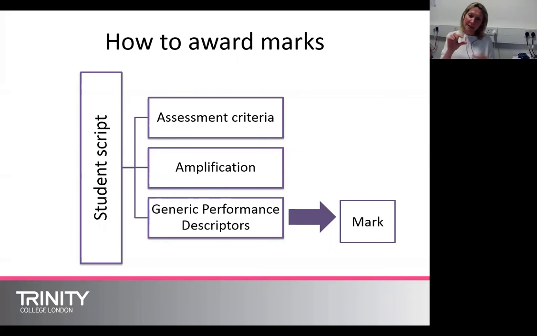And this is what will help you decide, is this a 3-mark performance or a 4-mark performance? So it helps you decide on the mark against that assessment criterion, against that amplification for the level. So these are the 3 pieces of information, the 3 documents, if you like, that you need to have in front of you when you are marking a script.